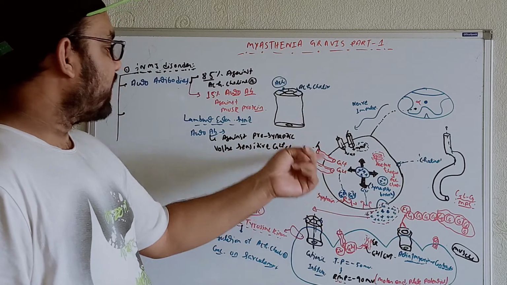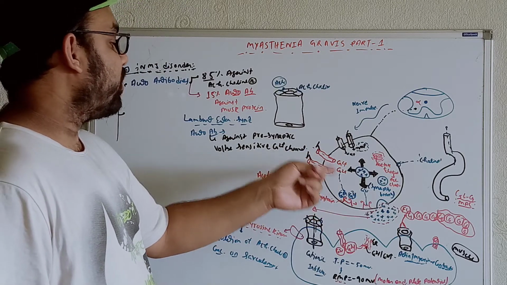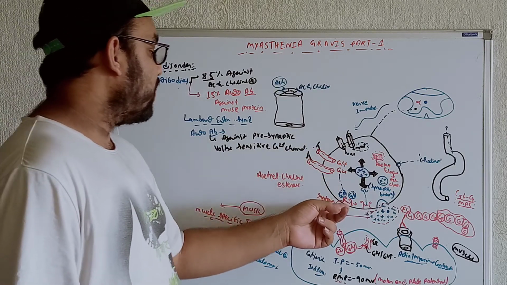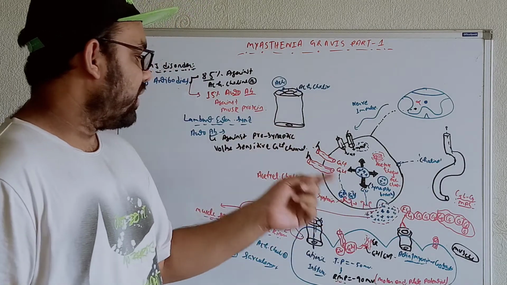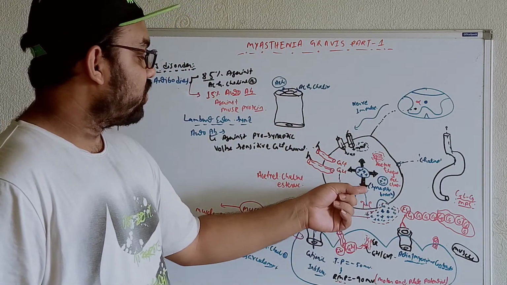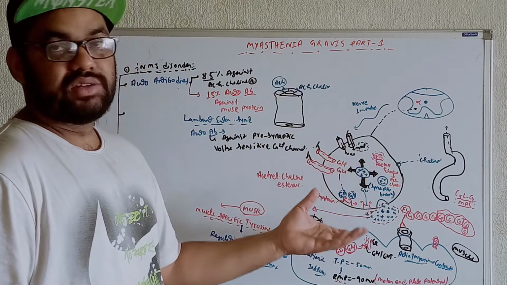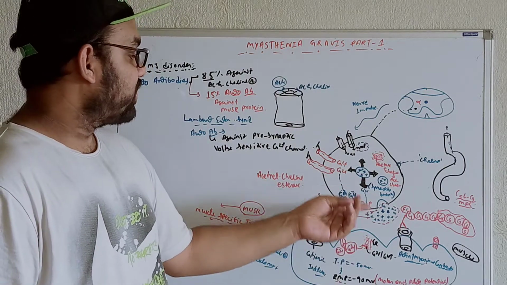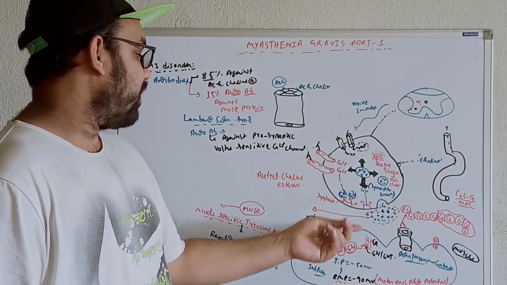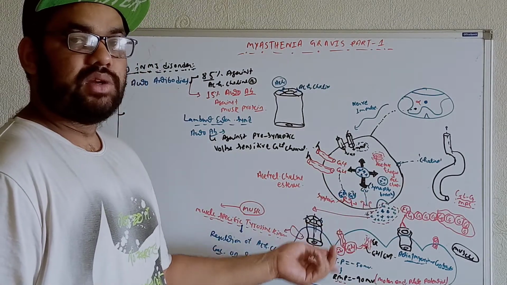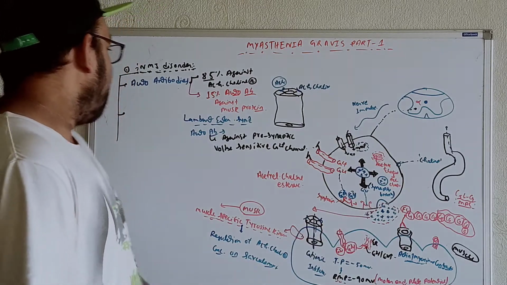Without the influx of calcium, there will be no proper opening of the syntaxin protein. Synaptobrevin will also not be able to fuse along with the calcium. So there is no chance for the vesicles to fuse with the presynaptic membrane to release acetylcholine, which would bind to its receptors on the sarcolemma.